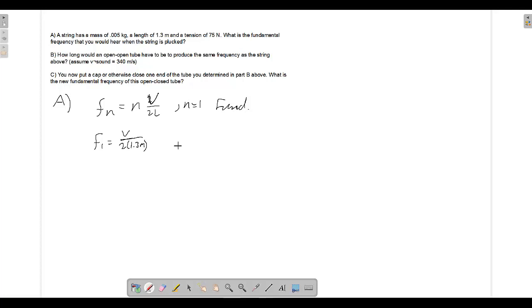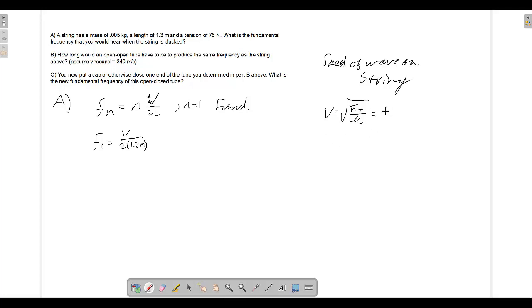We have the means to do this because we were given the mass, the length, and the tension. If you'll recall, the speed of a wave on a string, which you have in your equation sheets, is v equals the square root of the tension over mu, the linear mass density, which is everything we need.